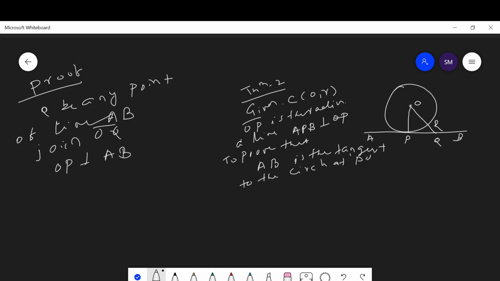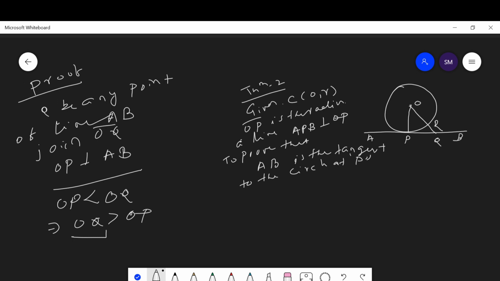As OP is perpendicular to AB and OP is the shortest distance, OP is always less than OQ, which implies that OQ is greater than OP. This means OQ is not the radius, which implies that Q always lies outside of the circle.